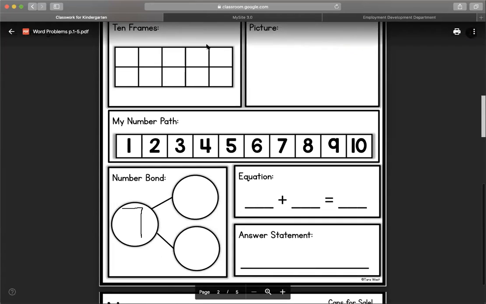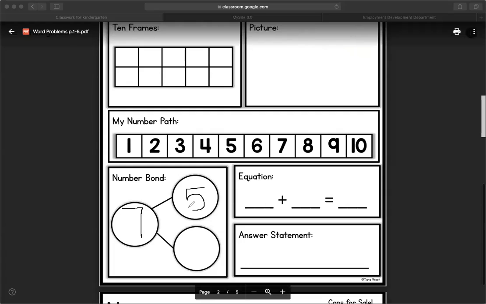What are you gonna put in here then? A 5. Very good. Why are you putting the 5 in? Because that's how many pigs.